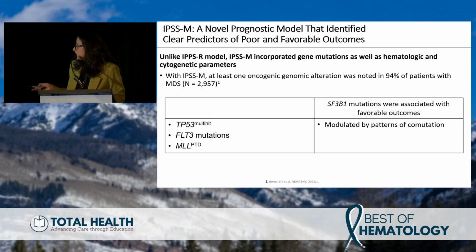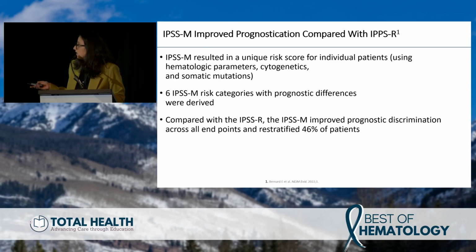Some of the ones that are modulated by pattern of co-mutation are your TP53, FLT3, and MLL. And so it resulted in a risk score using mutation, cytogenetics, hematologic parameters, and we do think that it has improved the prognostic discrimination for patients all across the different risk categories.